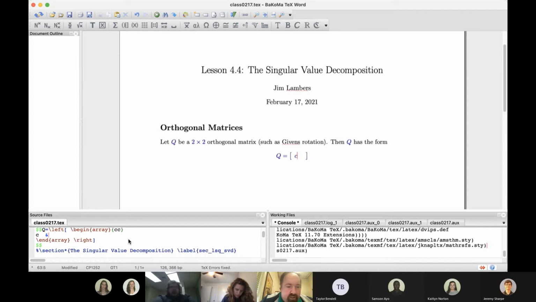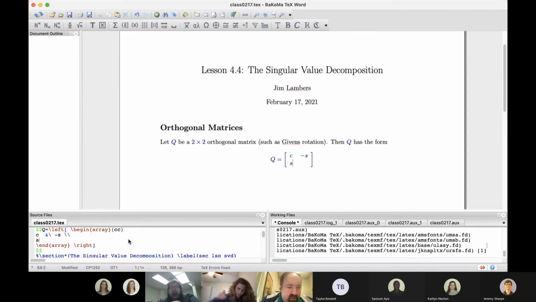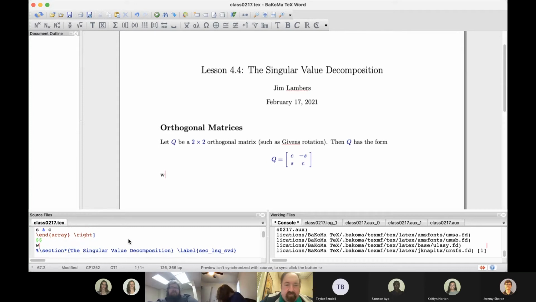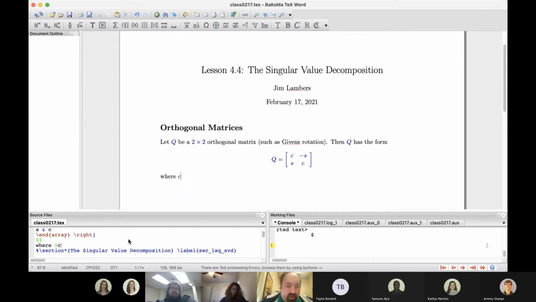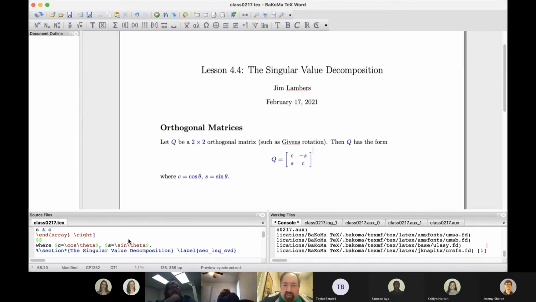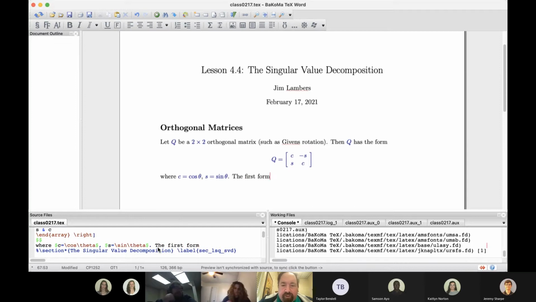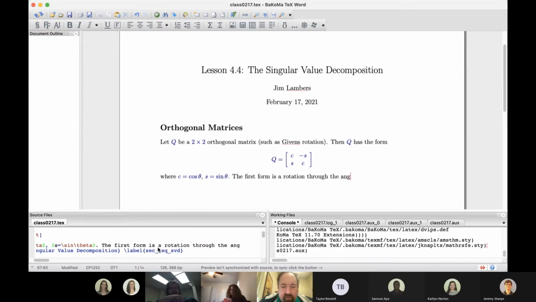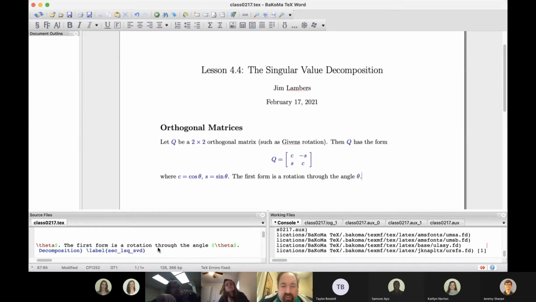That will be [c, -s; s, c], where c is cosine and s is sine of some theta. The first form, I'll type out the second one in a moment, is a rotation through the angle theta.